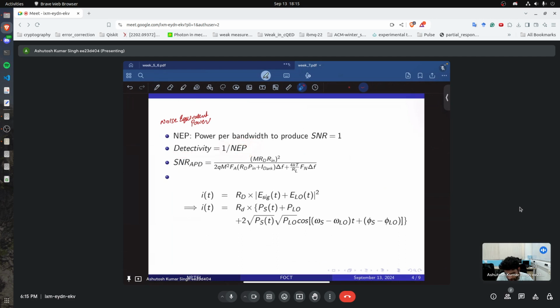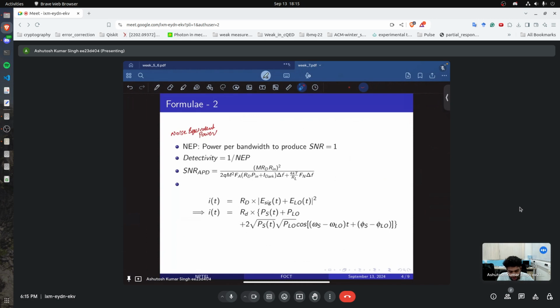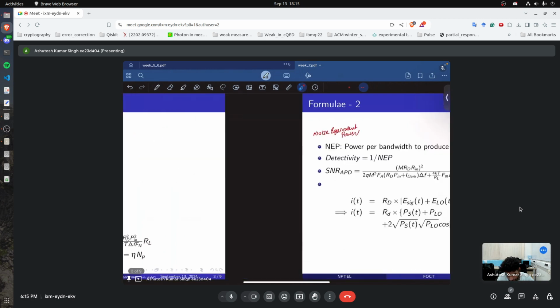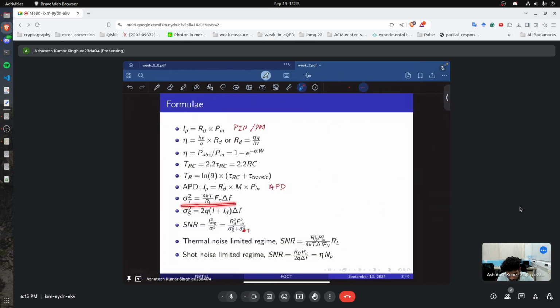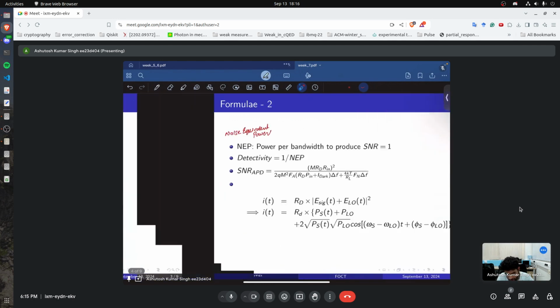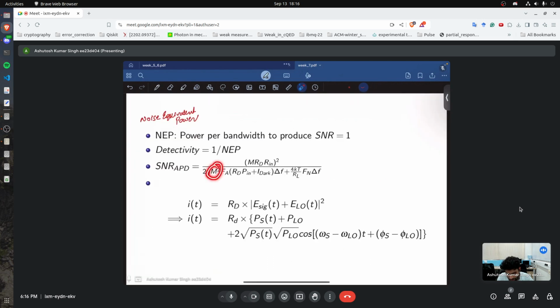Now we saw the SNR of photodiodes in the last case. For the SNR of APDs, we have a multiplicative factor here and a multiplicative factor here in this case. You see in the thermal noise, 4 k_B T, the multiplication factor of the APD does not come in this. It only amplifies the shot noise. So that is why you will see that the M squared factor is here, whereas that M squared factor is missing here.